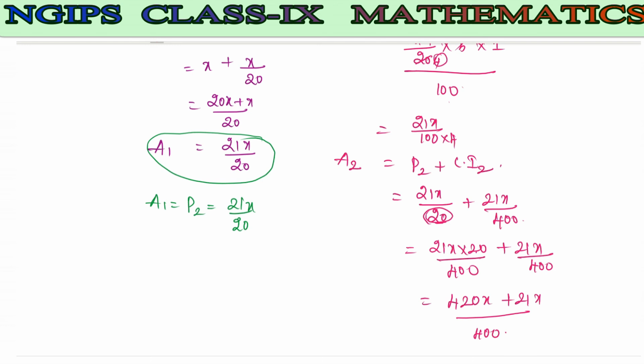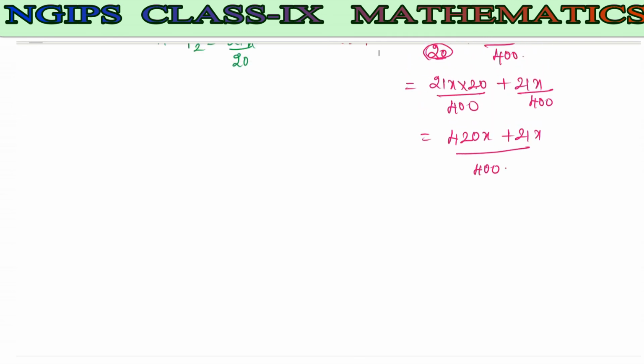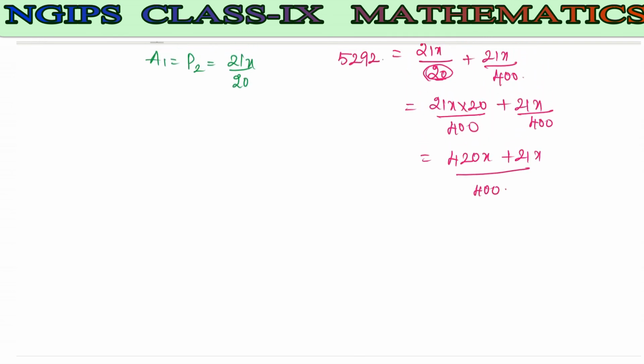Now we know the amount of the second year. So what is the amount of the second year? It is 5292. It is the given value. If you further simplify this, what are we going to get here?